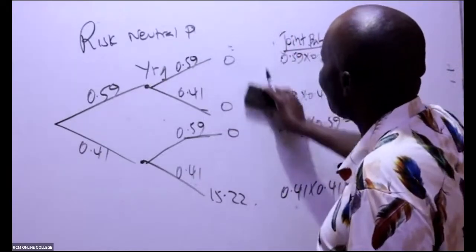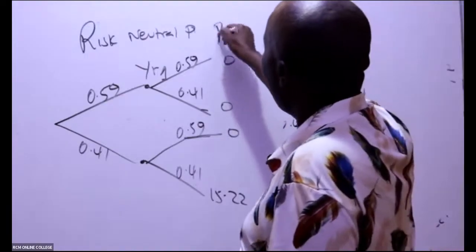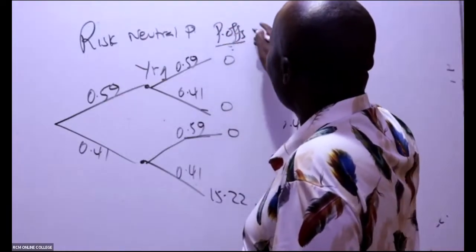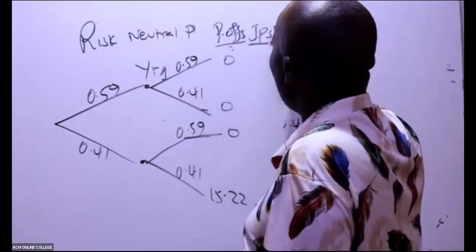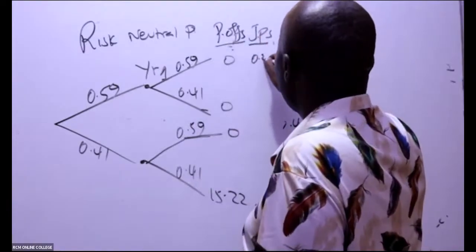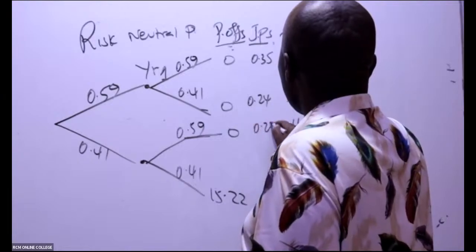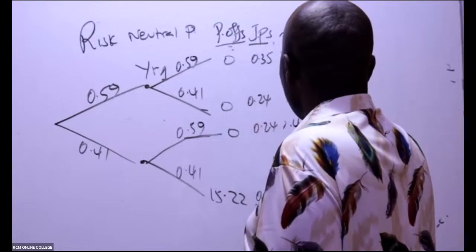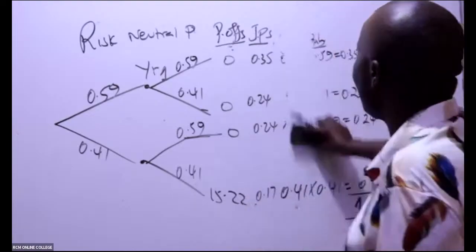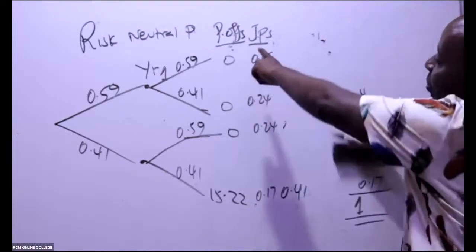These are payoffs, and these are the JPs, joint probabilities: 0.35, 0.24, 0.24, 0.17.